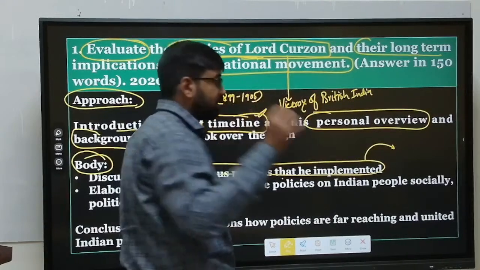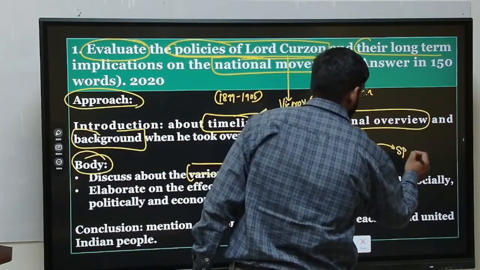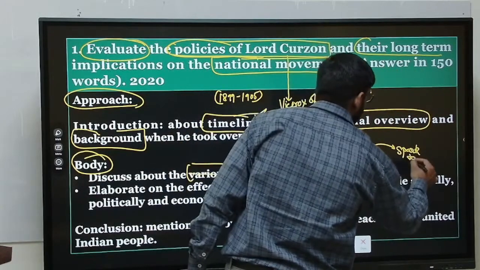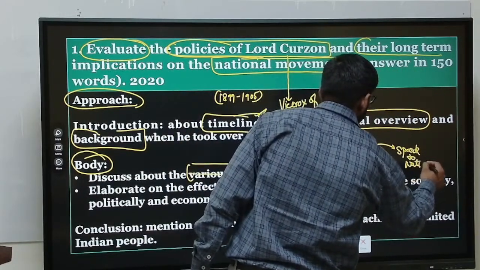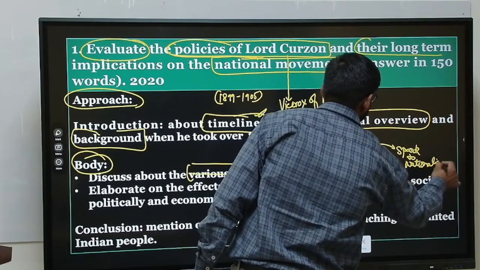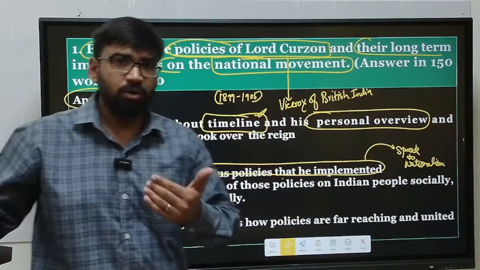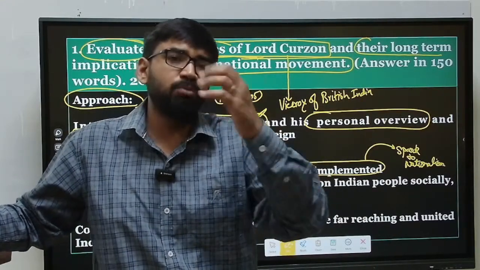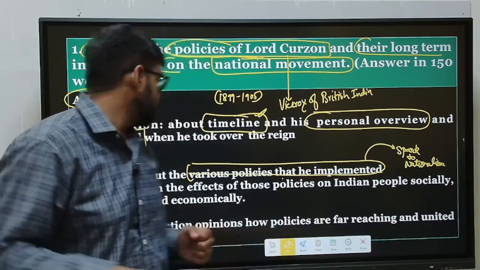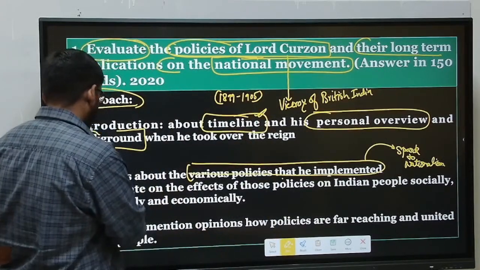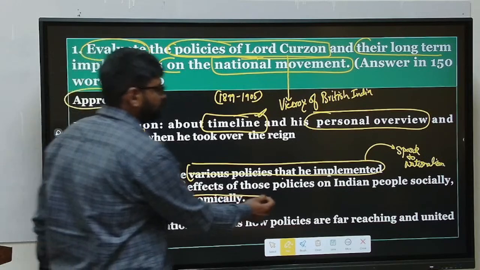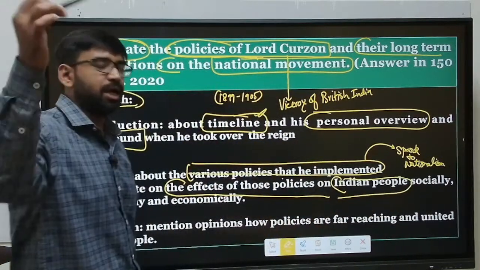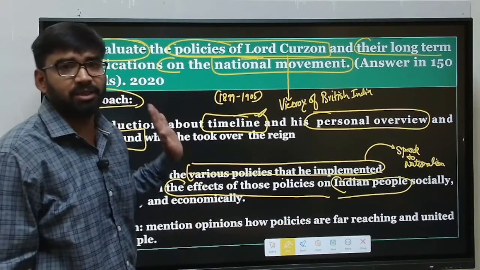You need to discuss only those policies which gave a spark to nationalism in India, which resulted in national movements. Second, you need to elaborate on the effects of those policies on Indian people, socially, economically, and politically.